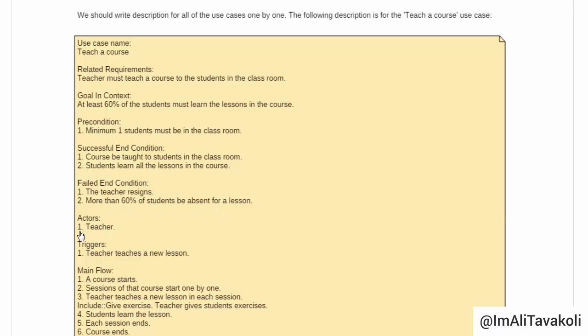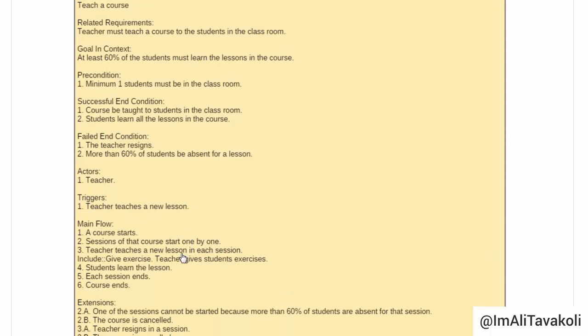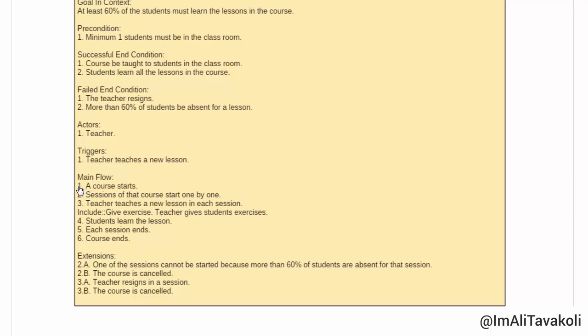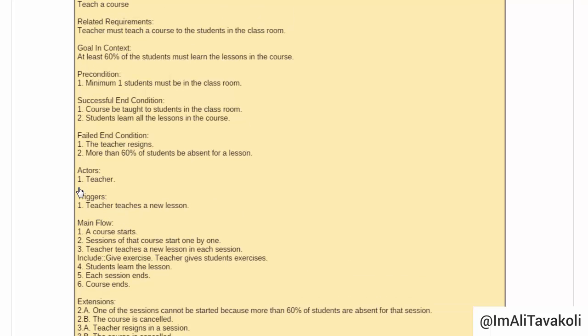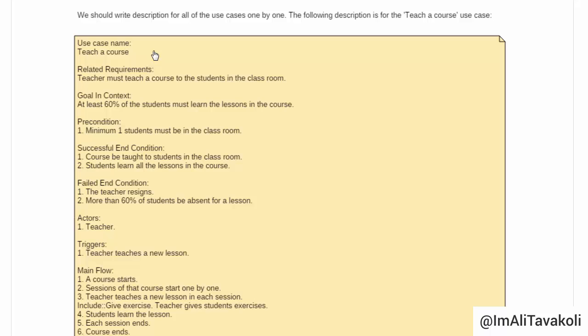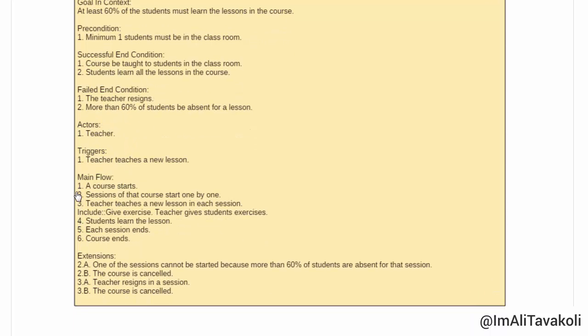Actors taking part in this use case, not the diagram, the teach a course use case: the actor taking part is teacher. Triggers: teacher teaches a new lesson. And the main flow is what should or must happen step by step so that the teach a course use case or functionality can be achieved.